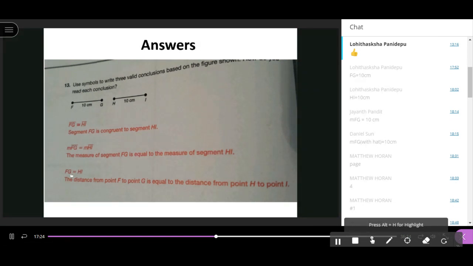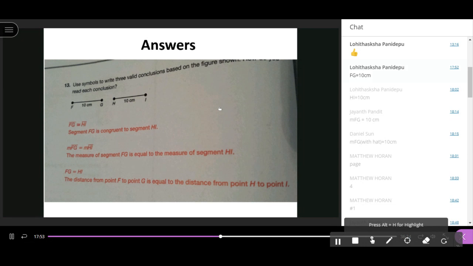Put in the chat box, if I wanted to use 10 centimeters in a statement, these are three statements: FG is congruent to HI, measure of FG is congruent to measure of line segment HI. What statement could you have 10 centimeters in? I bet some of you actually had this as an answer. Yep, saying FG without the hat equals 10 centimeters.